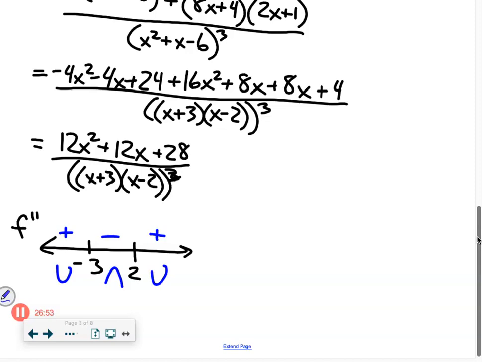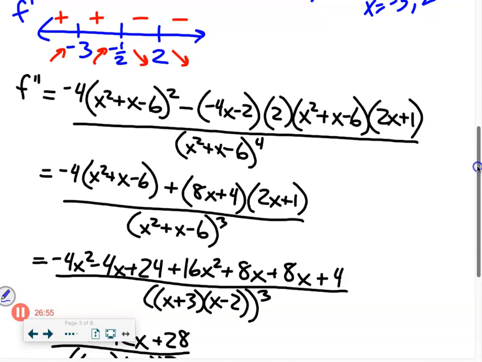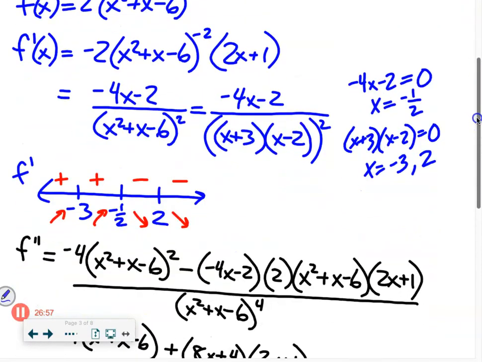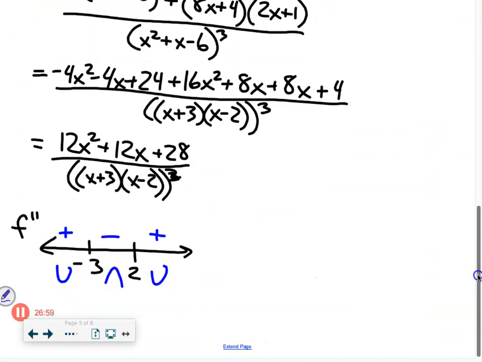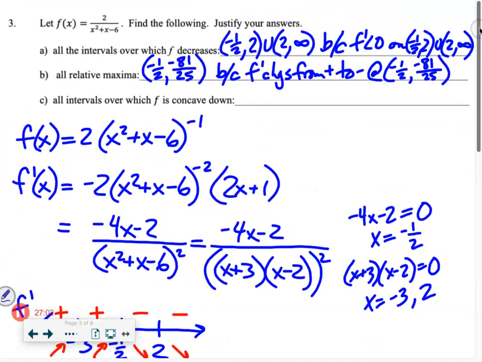All right. So what's the question asking? Concave down? We're concave down from negative 3 to 2. Done. Piece of cake. That was a big one.